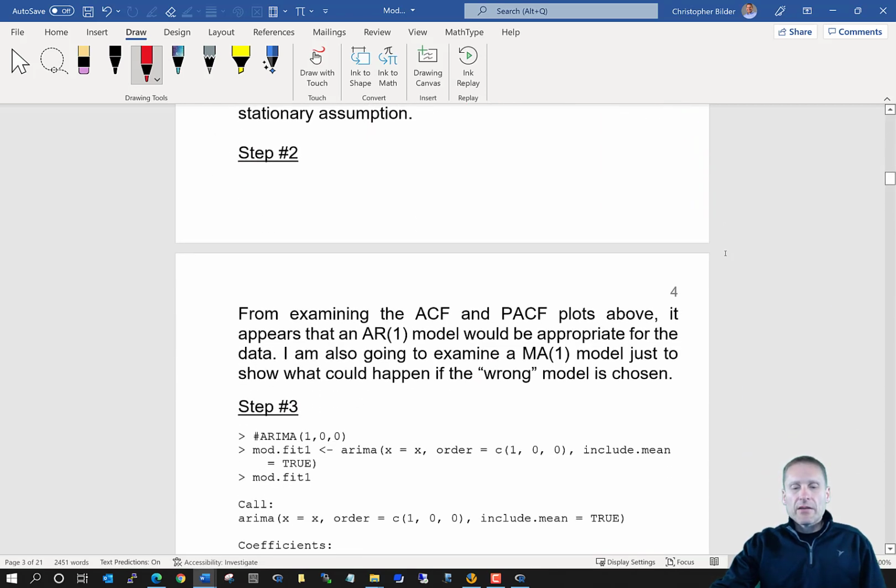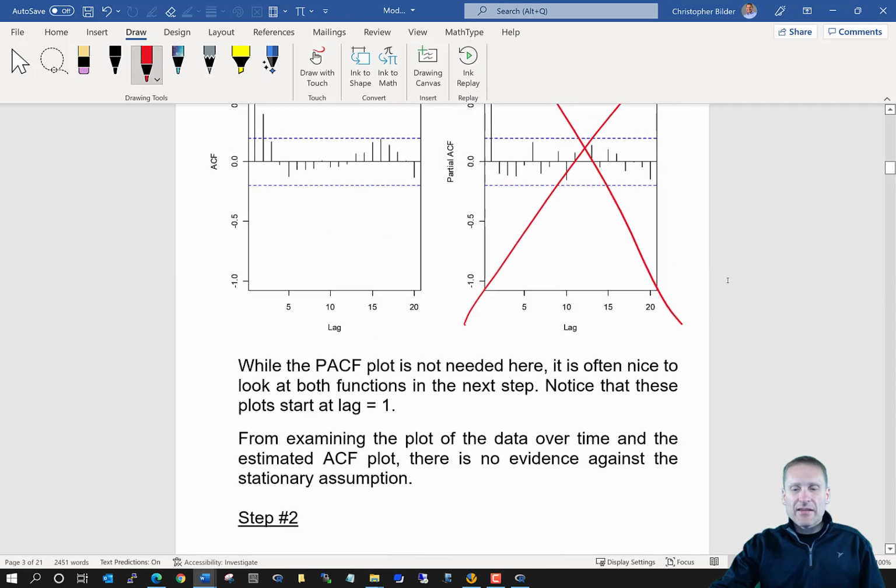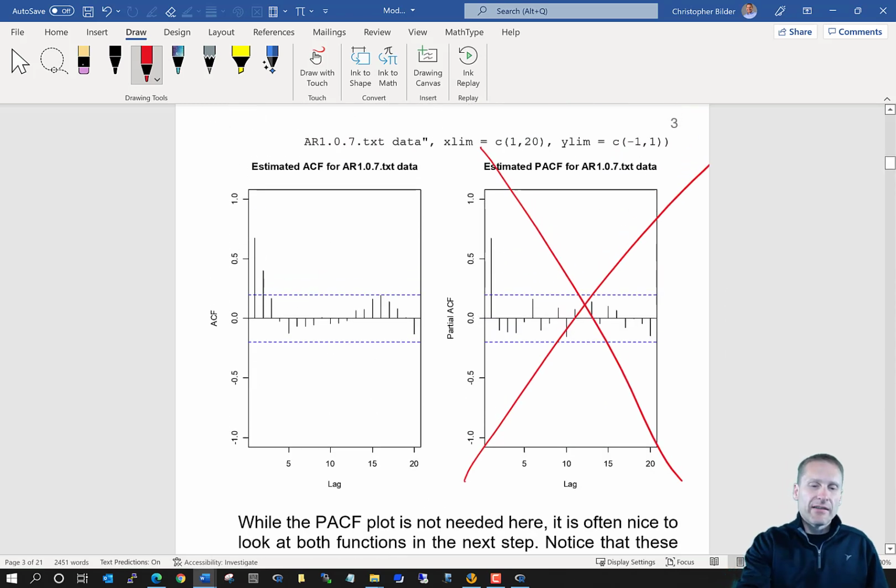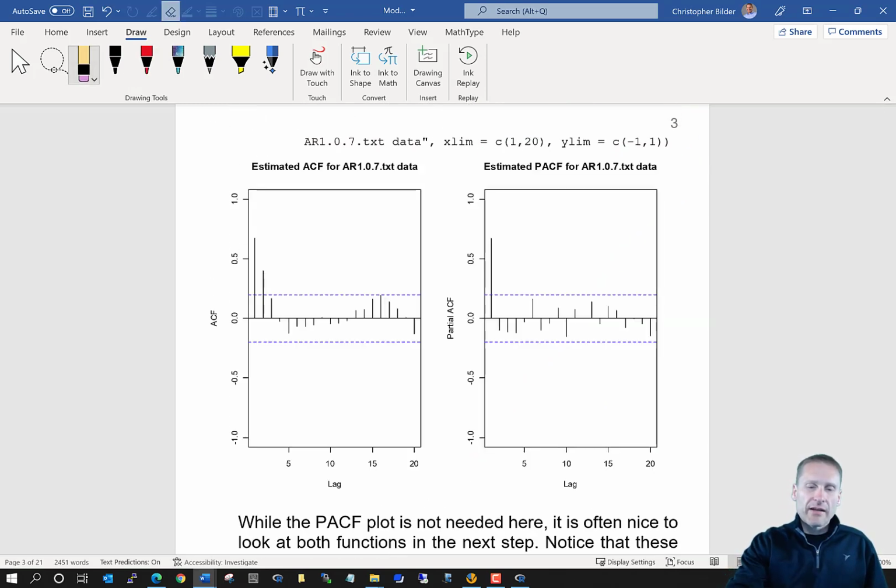Okay, so in step number 2, then we choose particular candidate models from what we see in the estimated ACF and PACF, and that's why I did do the PACF plot here. So for AR1, the characteristics would be the PACF cuts off to 0 after lag 1. I'll take a look at this. Here's lag 1, and it essentially does cut off to 0.